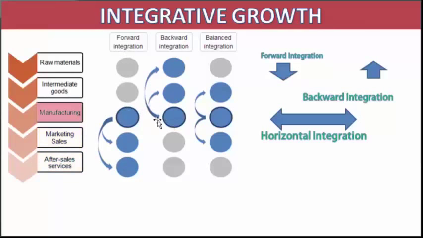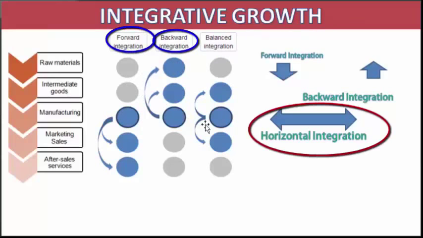If it acquires the intermediate goods and raw material steps, where the visor and other things are fixed for the helmet, and where the raw materials in the form of plastic granules or the inner cushion are made, that will be backward integration. And if the company acquires one level at a time, that will be balanced integration. So a business can increase sales and profit through either backward integration, forward integration, or horizontal integration as well.